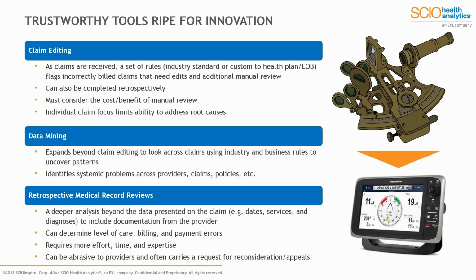To identify billing errors, payers often use one or more claim editors that apply business rules and flag the claim for review. Data mining is the practice of looking across claims for patterns and outliers to identify both billing and payment errors. And finally, medical records reviews are used to identify upcoding or level of care errors and to ensure compliance and policy adherence.